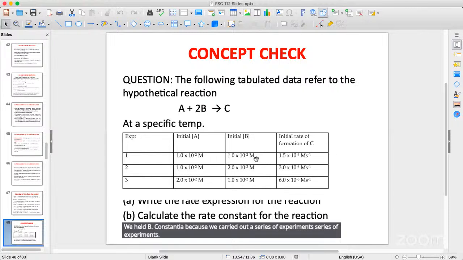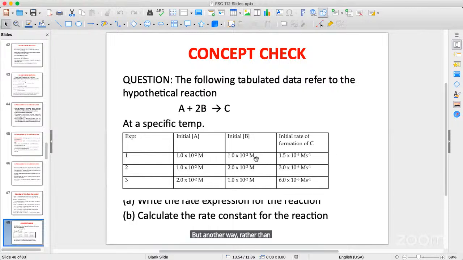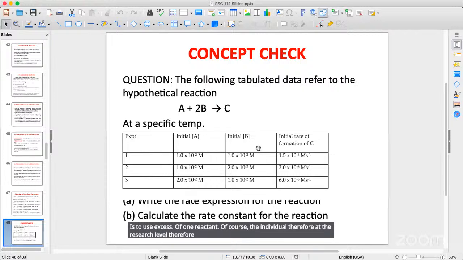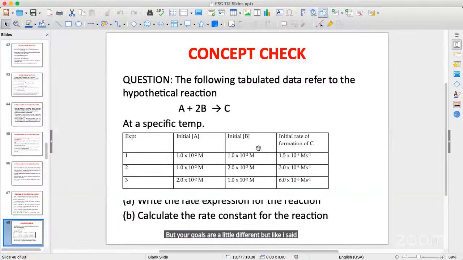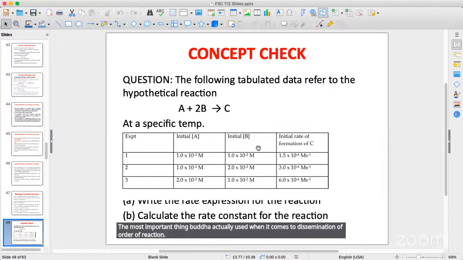But another way, rather than carrying out a series of experiments, is to use an excess of one reactant. Of course, at the research level they are for different purposes, but at the end of the day, it's still about order of reaction. But your goals are a little different, and that is not for this class. The most important thing is that both are actually used when it comes to determination of order of reaction.